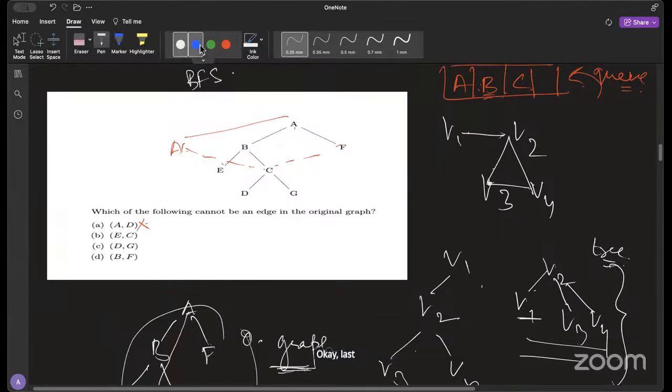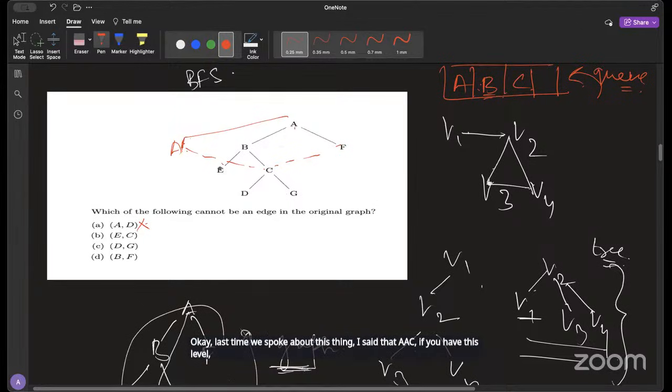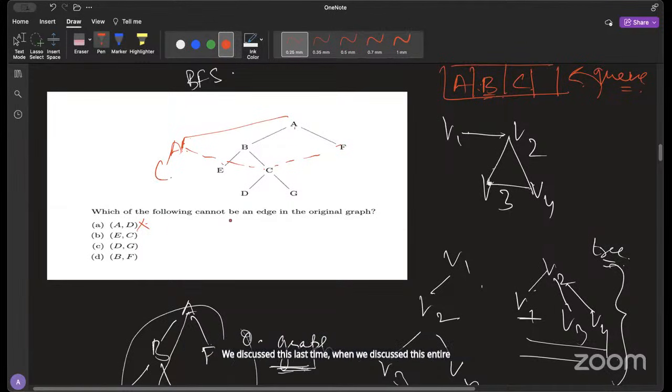Okay, last time we spoke about this thing. I said that if A dash is the first element in your level, then AC cannot be an edge, because if AC were an edge in your original graph, then you would be drawing this under C, right? We discussed this last time when we discussed this entire tree thing.